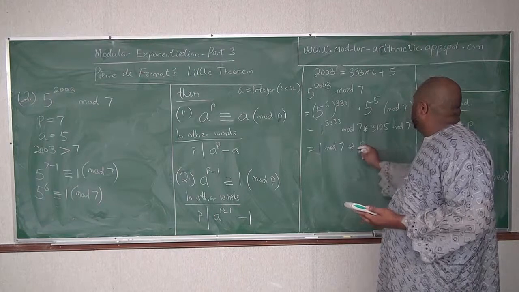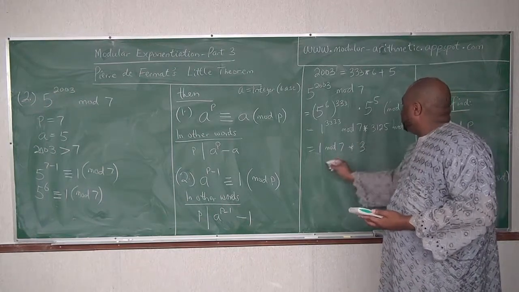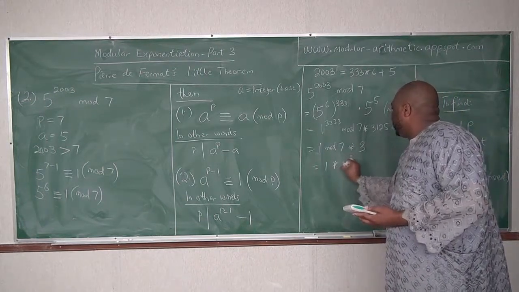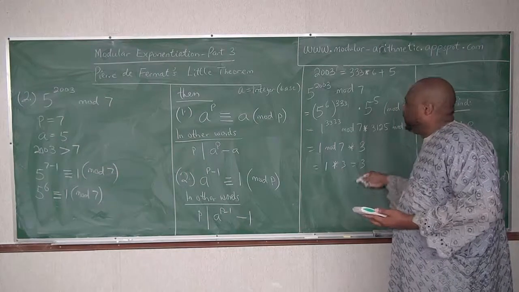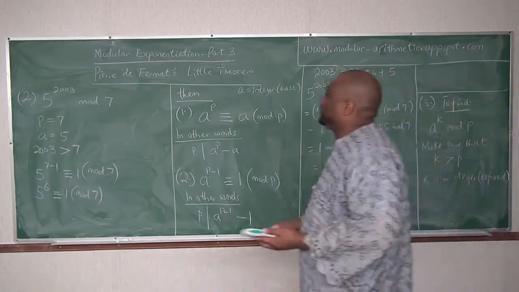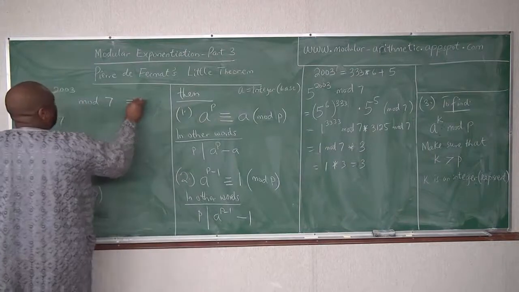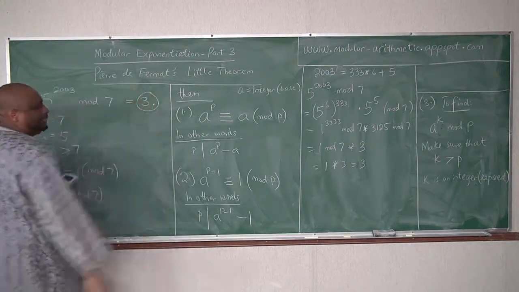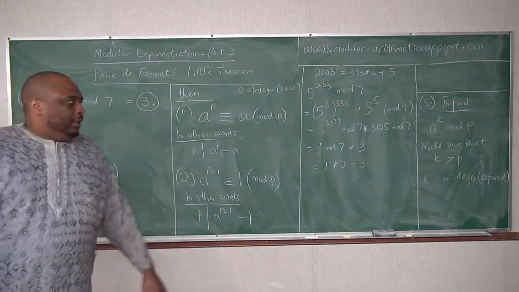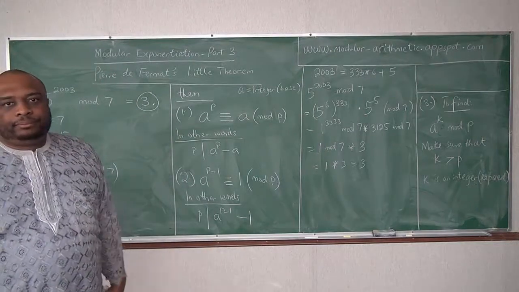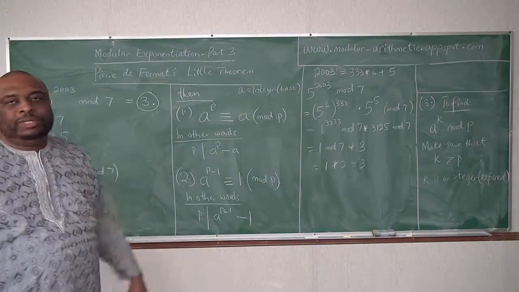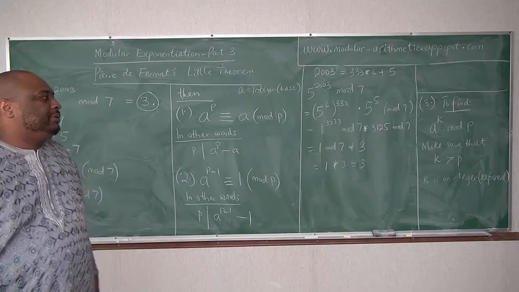So this is 1 in mod 7 times 3, which is 1 times 3, and this gives us 3 in mod 7. That's it, which is 3 anyway, because 3 in mod 7 is 3.